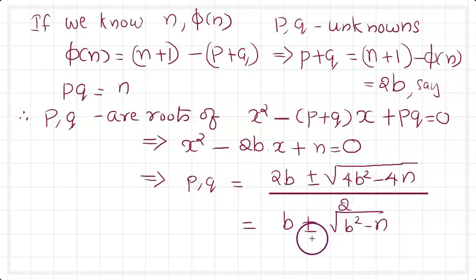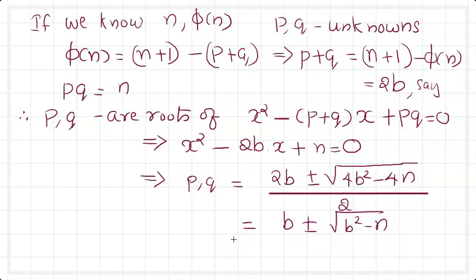Thus, we can see that if we know the values of n and phi of n, then we can compute 2b, and hence we can find the values of p and q using this formula: b plus or minus the square root of b squared minus n.